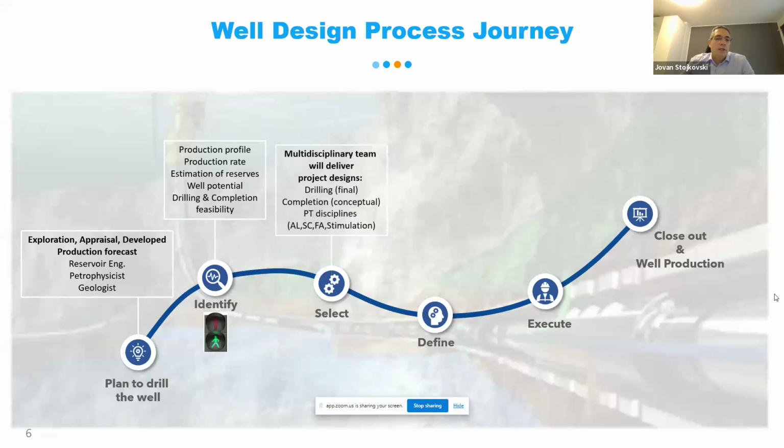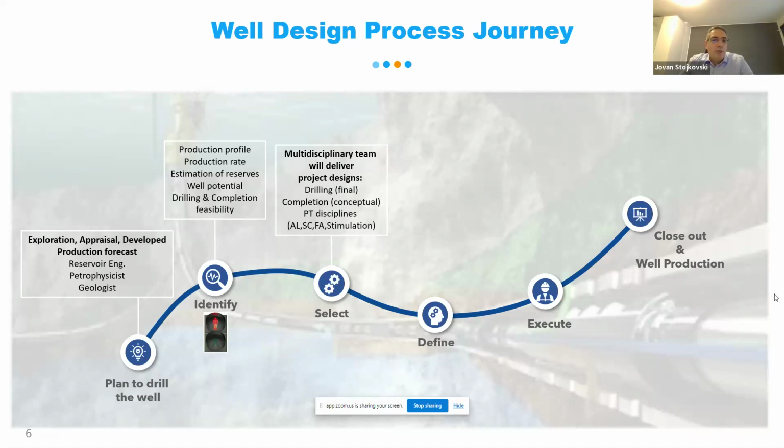For the next stage, if we have a green light in the identify phase, meaning that the well to drill and equip will be economical, looking at the production estimation rate, we gather this multidisciplinary team together. And this is the point where, as I said, so many stakeholders will join us.